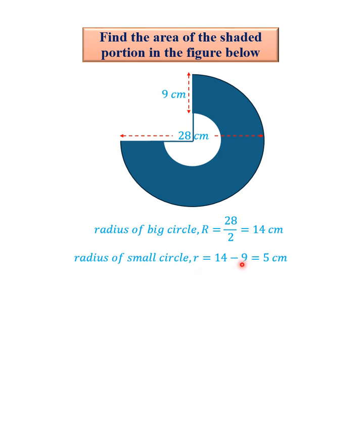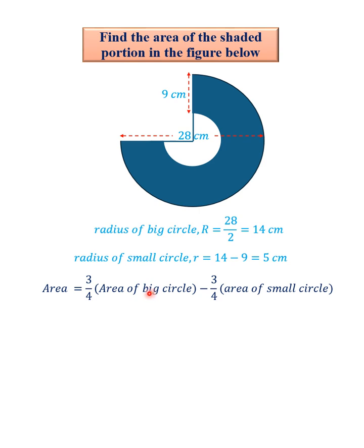We can go ahead to find the 3/4 of their area and do the subtraction. So the area of the shaded portion is equal to the 3/4 of the area of the big circle minus 3/4 of the area of the small circle. The area of a circle is pi r squared, right?